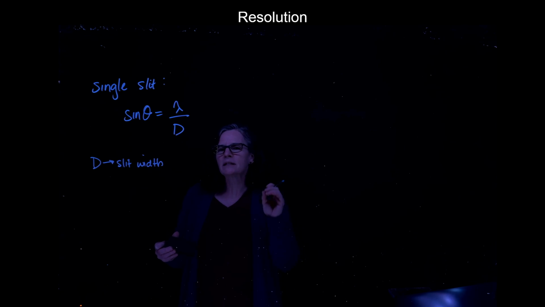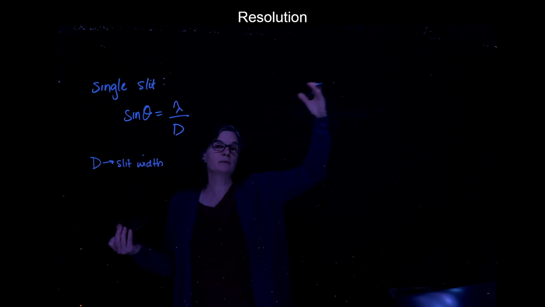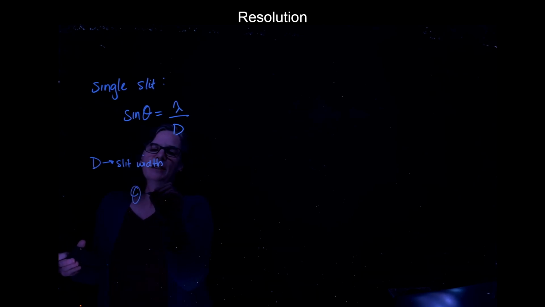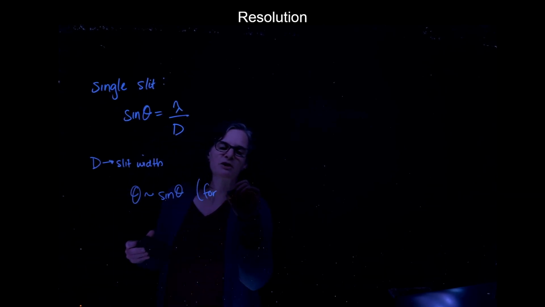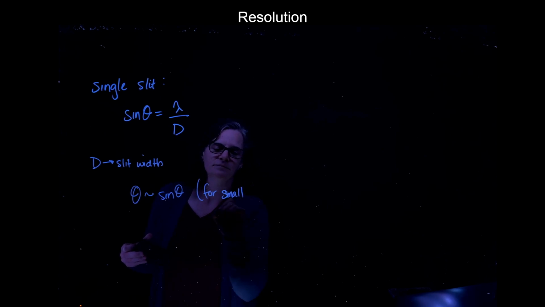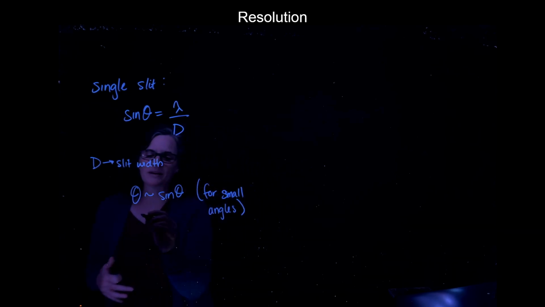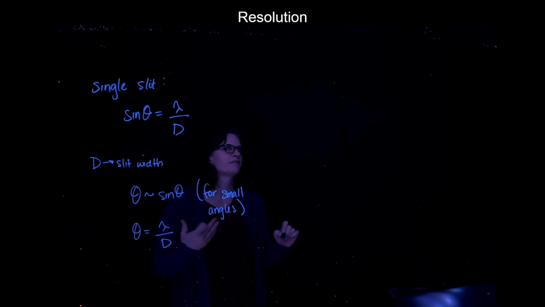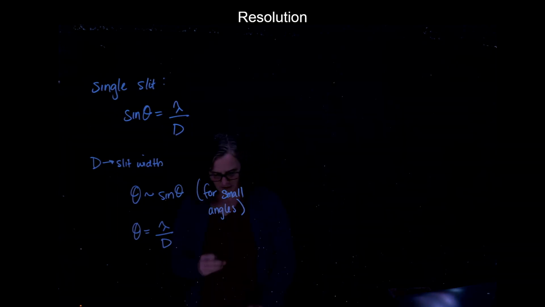Now, if we're dealing with really, really tiny angles, so you can imagine, for example, celestial bodies where the object is really, really far away, theta is on the order of the sine of theta. This is the small angle approximation that we've used before, that perhaps you've used in other mathematical applications. Therefore, we get a representation where theta is equal to the wavelength of the light divided by the slit width. All right, so that's for a slit with very, very small angles.